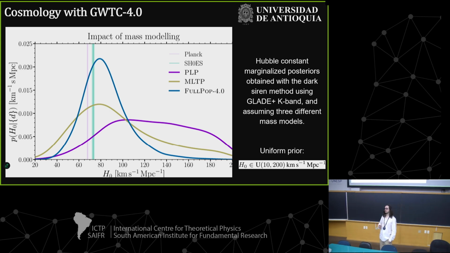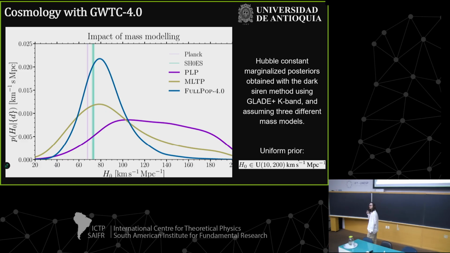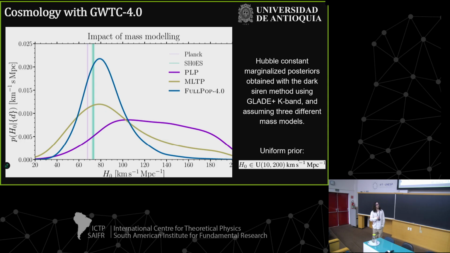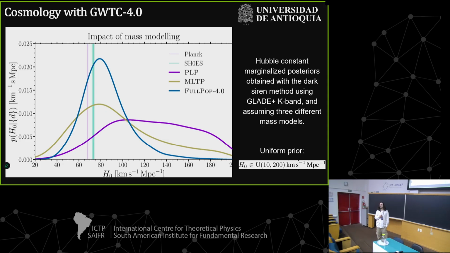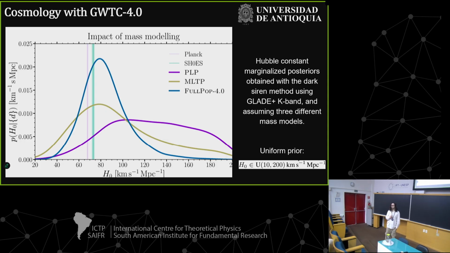claim rigorously, because first of all, they compare the Bayes factor between only the power law peak and multi-peak population, because there is also one thing that I forgot to mention here, the difference in the number of events. So for the full pop here, you can consider more events in the analysis, because here you can also consider the other 5 events that have a neutron star in the system, at least one.